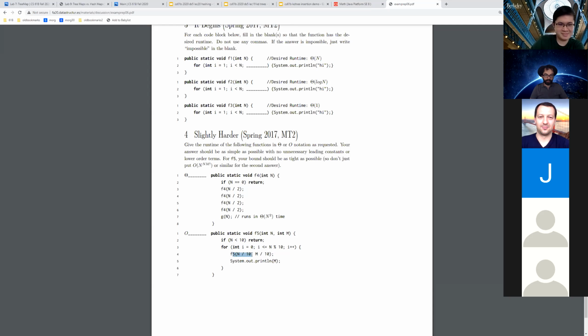Well, we do care that it's getting divided by 10 each time, because if it starts as 1,000,000 and then it's 100,000 and so on. The fact that we're dividing by 10 is pertinent. If it had been n minus 1 here instead of n divided by 10, you would get a different runtime.